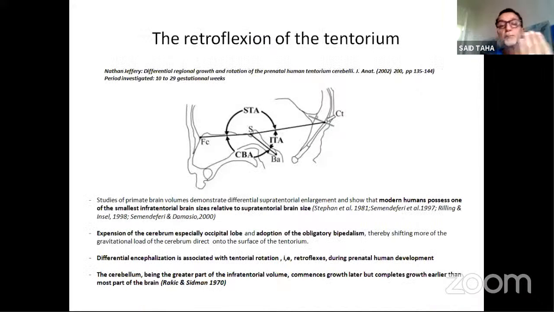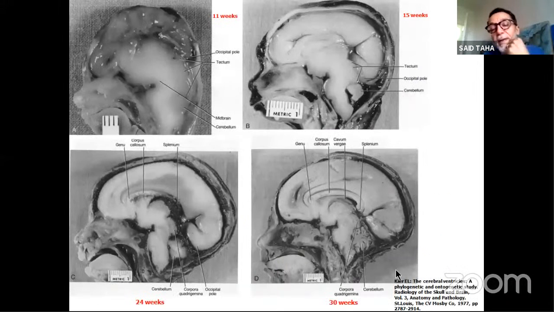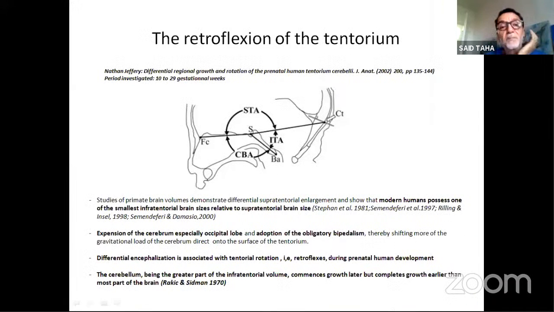So how do we explain this obliquity of the tentorium? That's what we call a retroflexion of the tentorium. This is due to the cerebellum being the greater part of the infratentorial volume in the human, and it commences growth later, but completes growth earlier than most parts of the brain.